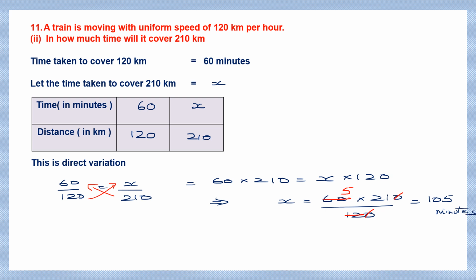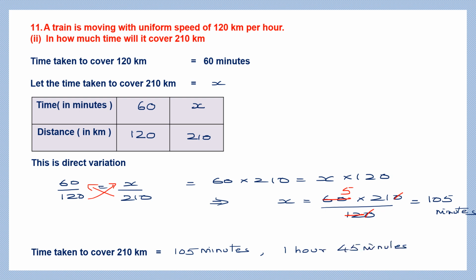So the time taken to cover 210 kilometers is 105 minutes. Now you can convert this to hours and minutes by dividing 105 by 60, because 60 minutes make an hour. So in that case, after dividing, you can see that the time is now 1 hour and 45 minutes.